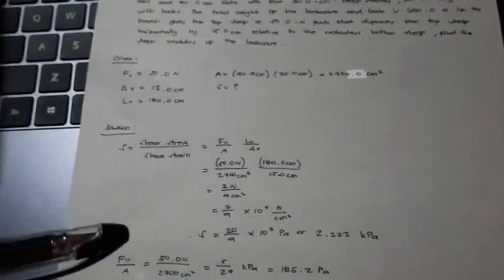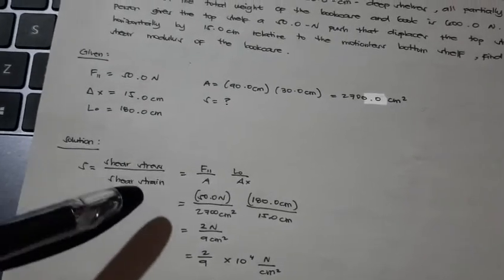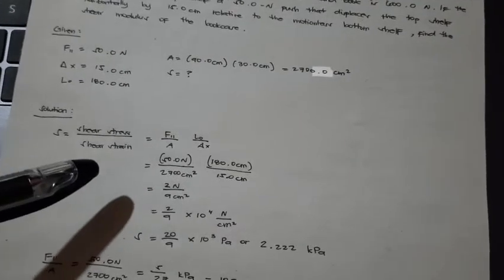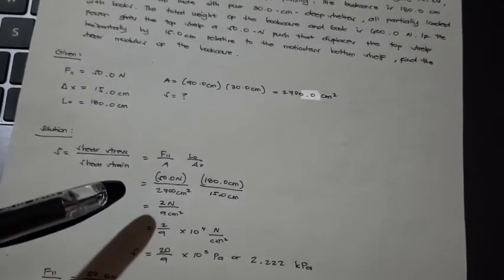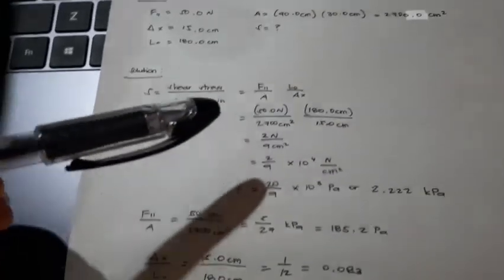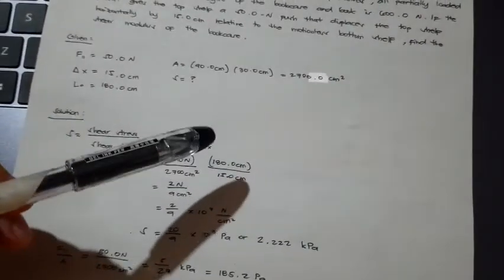Then we could use the formula to find the shear modulus, which is shear stress over shear strain, equals tangential force over the area, multiplied by the transverse distance over the displacement.